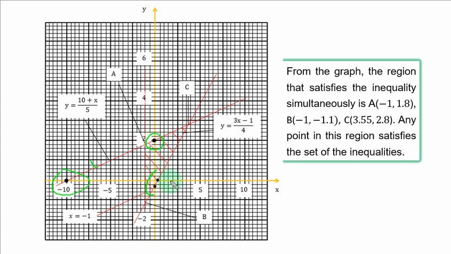These are the points for the second one, and the third one, s is equal to minus 1. There is no y at that point, so it is a straight line, and the line is broken because of the strict symbol. Now you find out that the solution set is the region bounded by the three inequalities, represented with point A, point B, and point C.